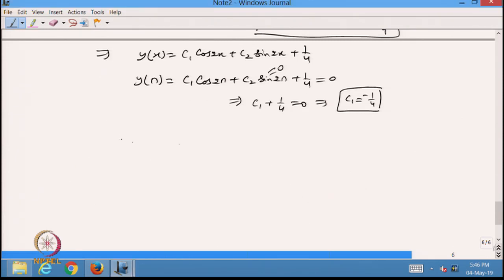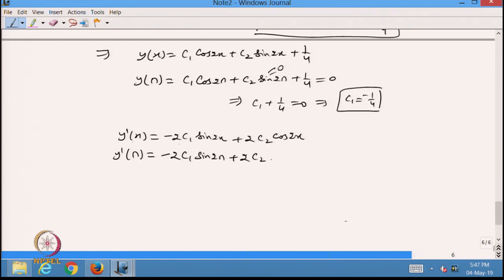And then I will take the derivative of the solution, y'(x). So, this one will be minus 2 C1 sin 2x plus 2 times C2 cos 2x. So, this is my derivative, and then I put the value x equal to π. In that case it will be minus 2 C1 sin 2π plus 2 C2 cos 2π, and that value is given to me, that is equal to 1.